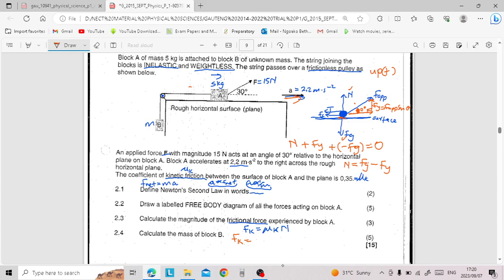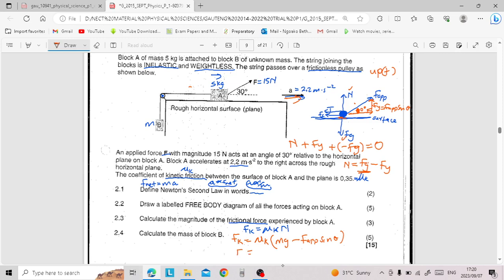Fk, which is the force of kinetic friction, equals mu k into the normal force. Let's change this one: Fg is mg minus the force applied multiplied by sine of theta.